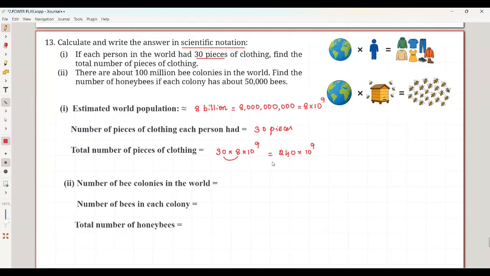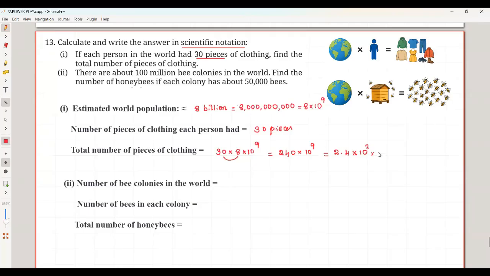Now the final answer should be in standard form. Standard form means the first digit should always lie between 0 and 10. So 240 becomes 2.4 into 10 to the power 2.